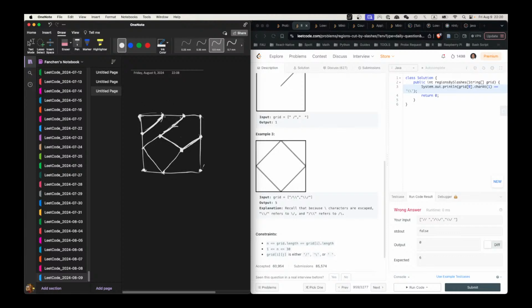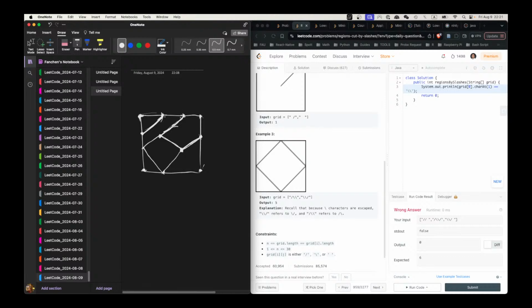So you start from here, and how do you know there is a cycle? Oh my god! So you have to separate. Okay, I have a path here, I have a path here, and I have a path here. We can do that.